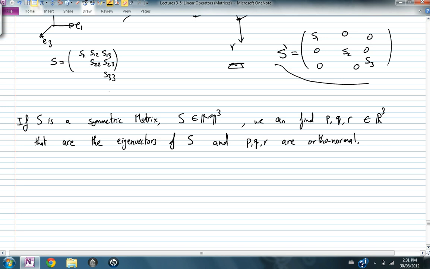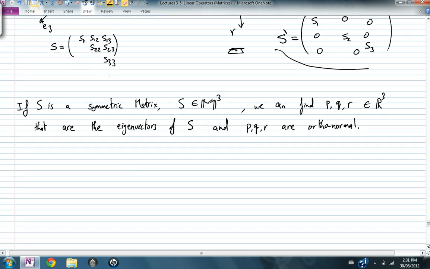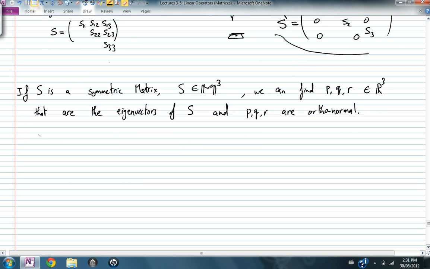So they are perpendicular to each other, the size of each is 1, and they are the eigenvectors of S. Then let's do the following operation. If I multiply S by P, which is made out of P1, P2, P3, what do I get?